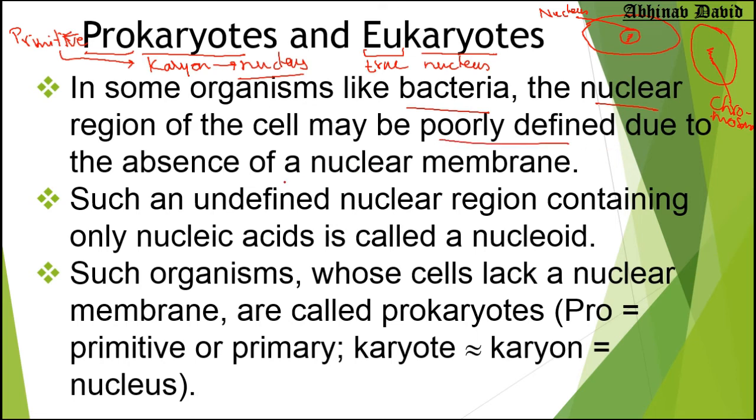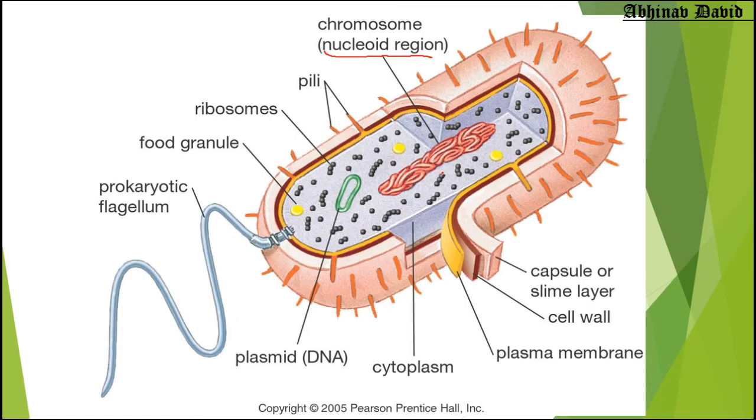Why? Because it does not have a nuclear membrane. So we cannot separate the nuclear region from the rest of the cell, that is the cytoplasm. If you see the diagram again, the cytoplasm is continuous with the nucleoid or the central region. We cannot differentiate these two parts because there is no nuclear membrane.